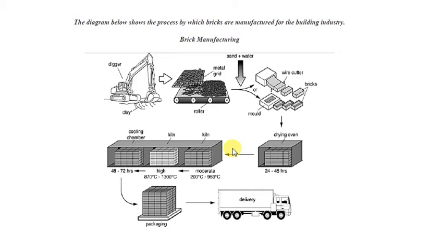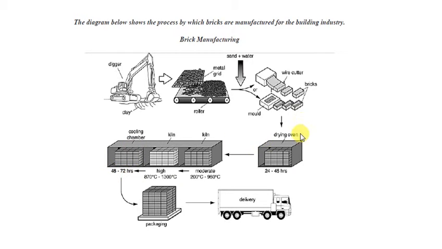Next, the bricks are heated in a kiln at a moderate temperature, and we mention this temperature in brackets. And then at a high temperature, and we also mention the numbers in brackets. After that, they are put into a cooling chamber for 2 to 3 days.